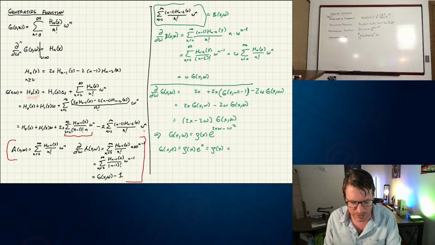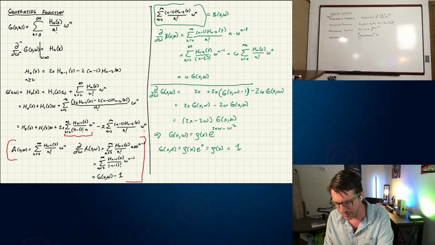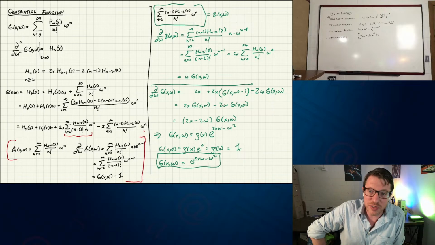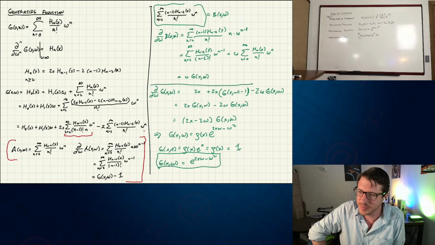And so we know this is just 1. So that's equal to 1. So we end up getting g(x,w) then is equal to e to the 2xw minus w squared. And boom, there we go. All right, so that's the generating function relationship, which is pretty nice.